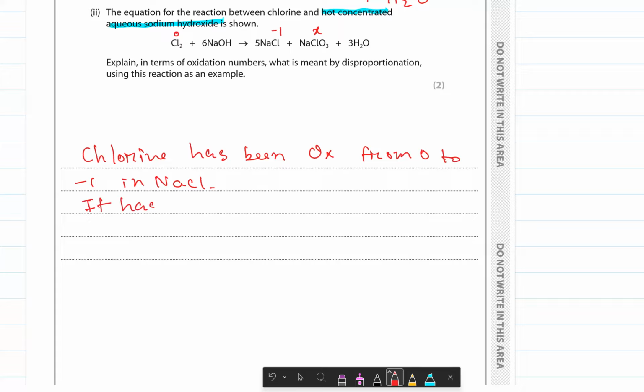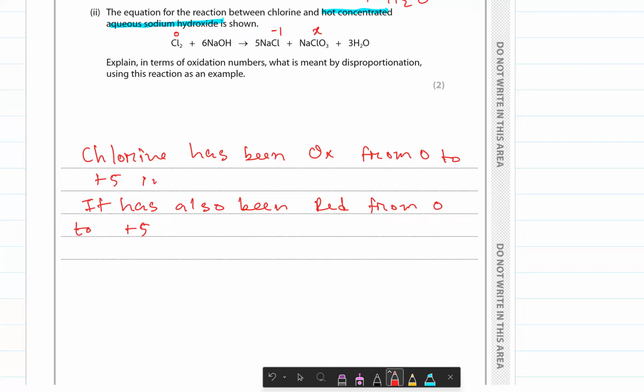It has also been reduced from 0 to positive 5. Actually, no, sorry, I wrote it the other way. Oxidized from 0 to positive 5, actually.